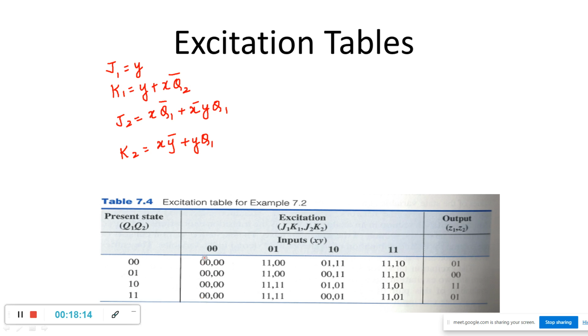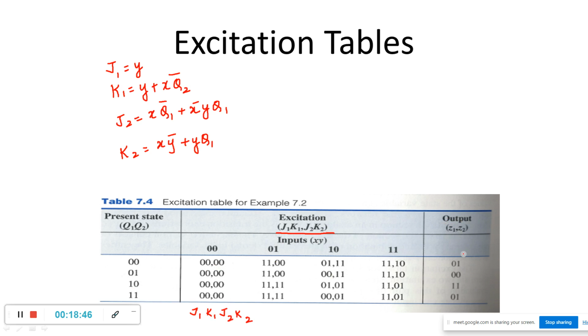You can write column by column: first column J1, all the values. Next, K1, next J2, next K2, in this order. So substitute the input values and the present state values and get the values and write them.